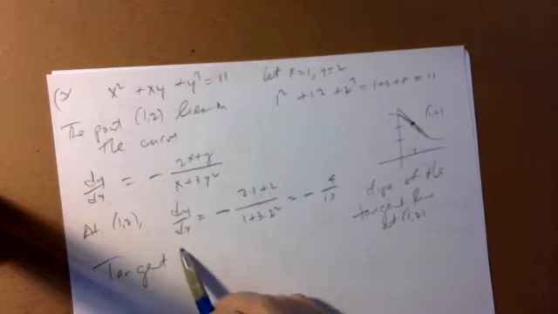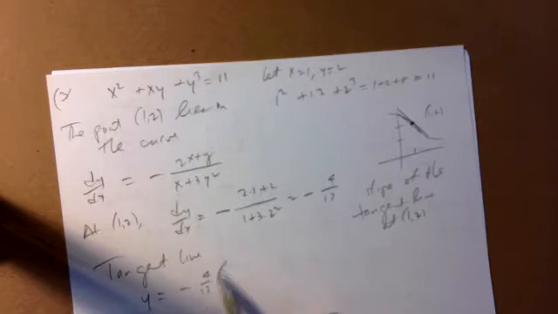So by the point-slope formula, the equation of the tangent line is y equals minus 4/13 times (x minus 1) plus 2, which is minus 4/13 x plus 4/13 plus 2, which is plus 30/13.